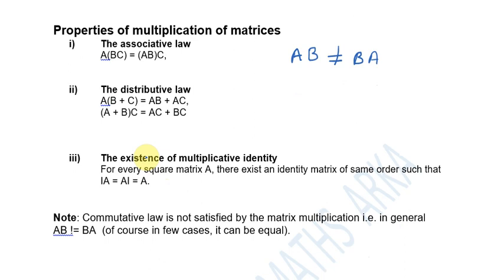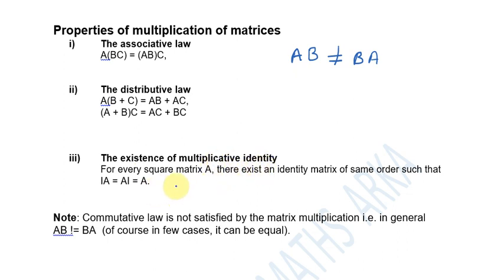Now, existence of multiplicative identity. What was the additive identity, if you remember? It was the zero matrix. Now let's see what the multiplicative identity is.